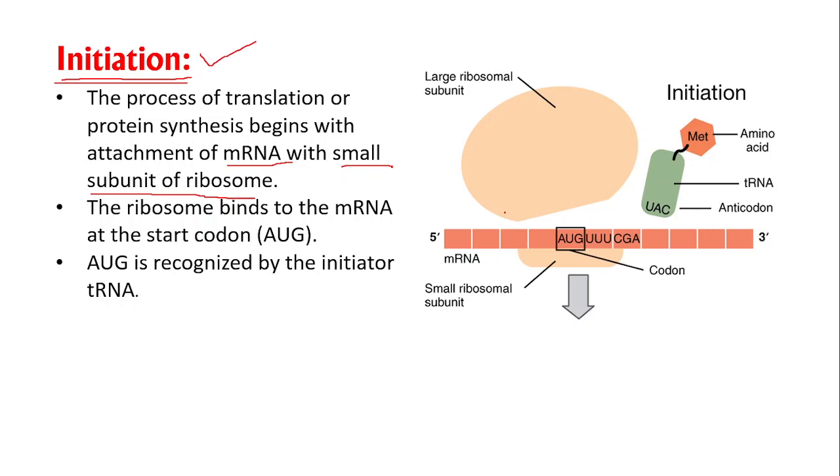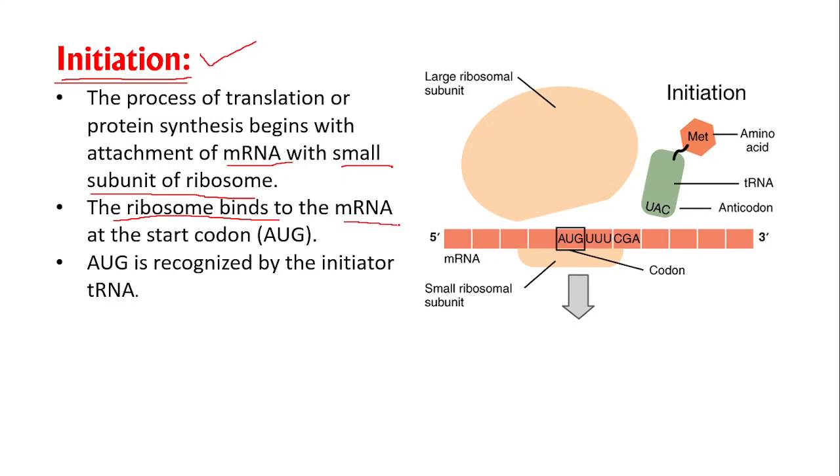The smaller subunit of the ribosome will attach to the mRNA in a specific region where the codon AUG is present. A very important point to note here: the smaller subunit of the ribosome binds to the mRNA in the first step.